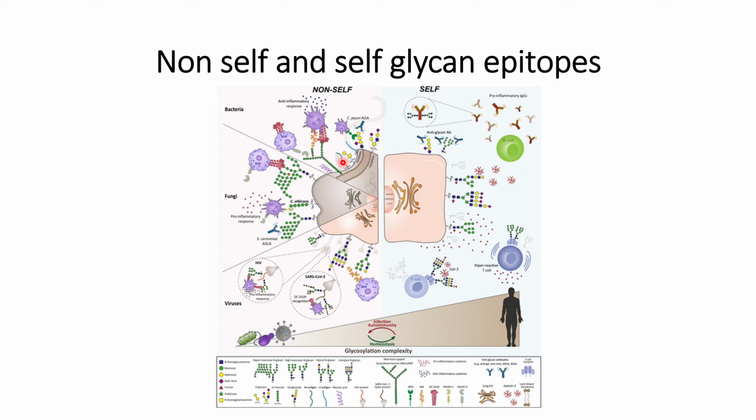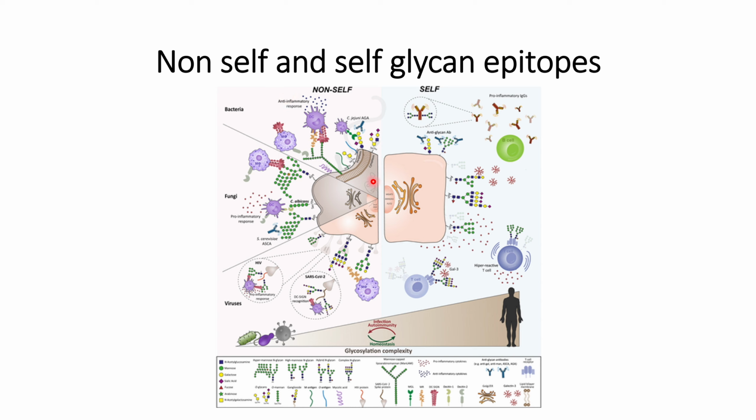If this kind of glycan epitope is present in the organism for a longer duration, it might even lead to an autoimmune response, because the continuous generation of cytokines might cause damage to the tissues.